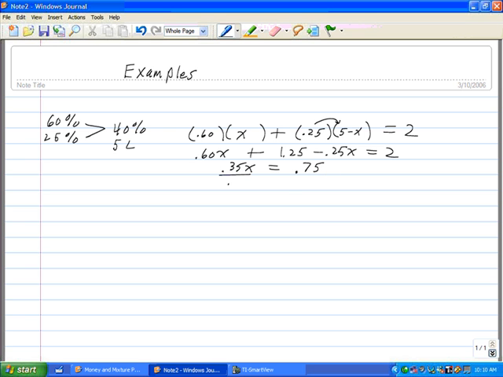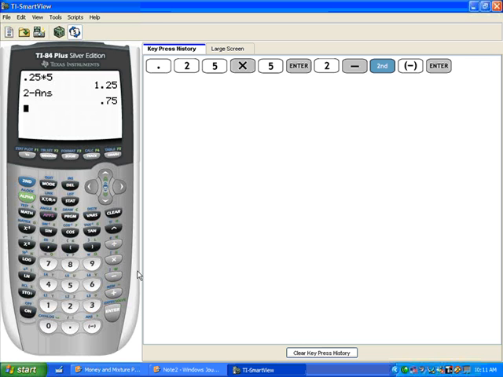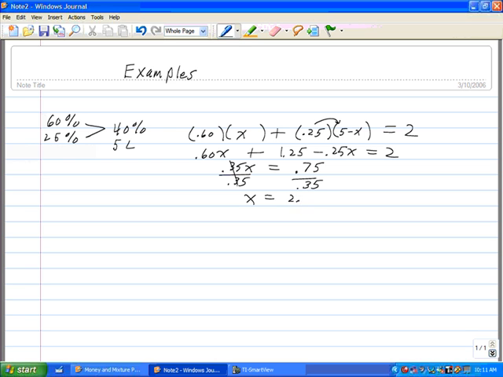Now when I divide off the 0.35, I am going to find my amount, 0.75 divided by 0.35, to be 2.14. So we get a 2.14, and again that's a little bit of a round off, but that's for x.